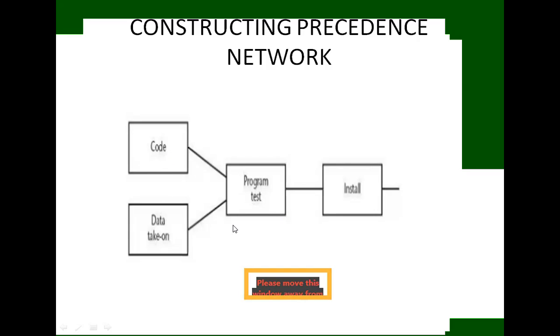If we receive both, then only the program test starts. And the install activity cannot start until the program test has finished. So code and data take on can be set as the precedence of program test, and program test is the precedence of install.